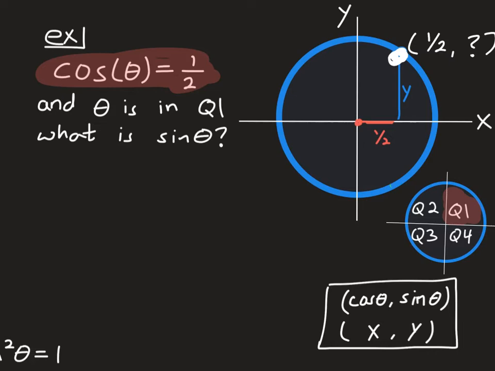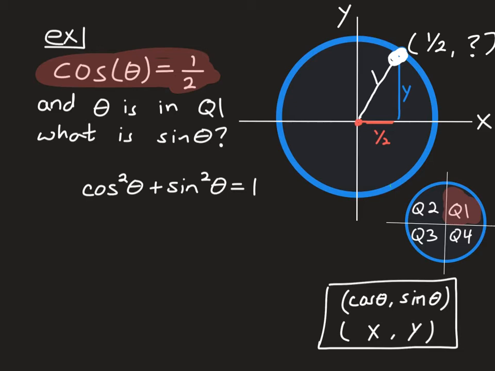Okay, and in order to find this, we're going to use the Pythagorean theorem, which we translated into the Pythagorean identity. The Pythagorean identity says cosine of theta squared plus sine squared of theta is equal to 1. And so now I'm going to say, okay, what's the cosine squared of theta, or cosine theta squared?